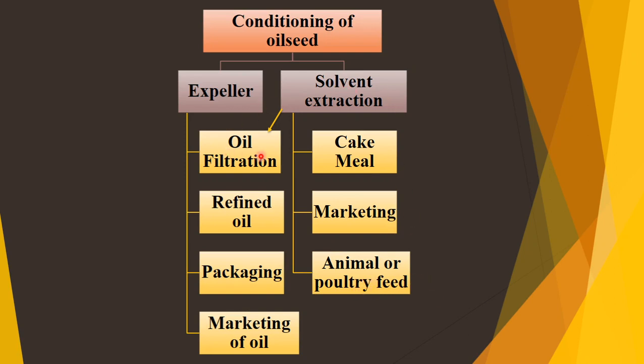And the oil we extract from this is filtered, then we get a refined oil which is packed and sold in the market. Okay, this is in general the procedure of the seed processing of oil seed.